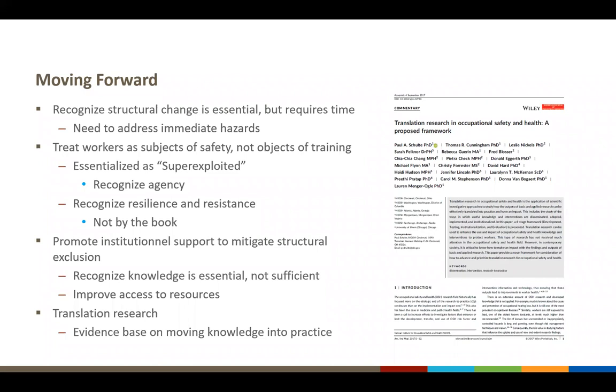What I mean by this is sometimes in health equity research, these workers can be seen as facing significant structural barriers to safety. The problem is they may be essentialized as super exploited, almost as a way of disempowering them, saying, well, they're so disadvantaged.